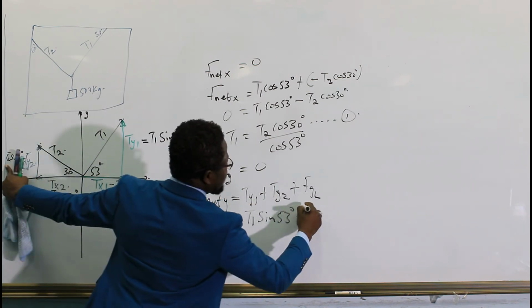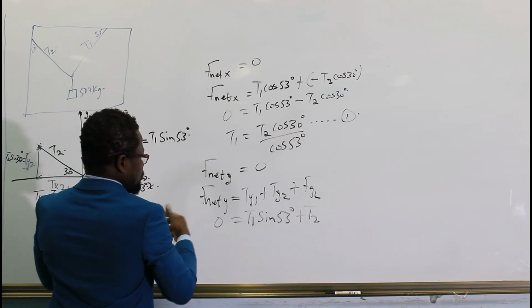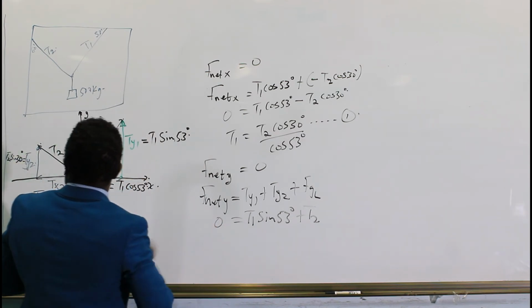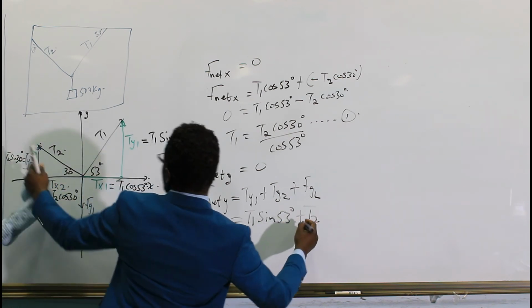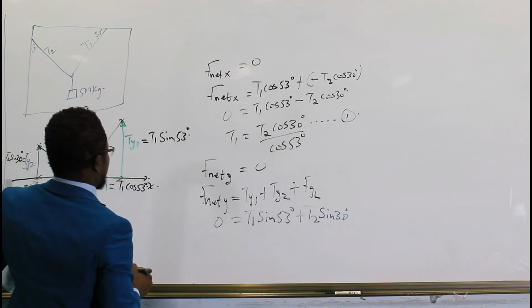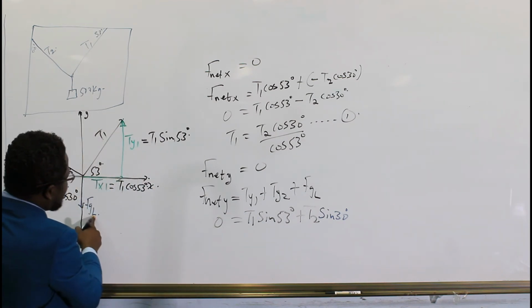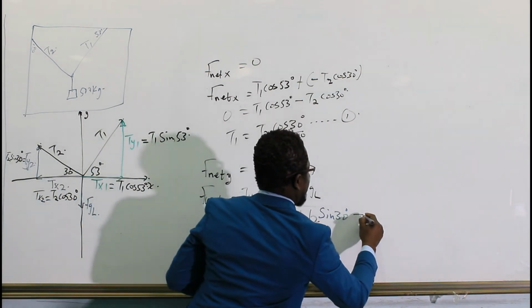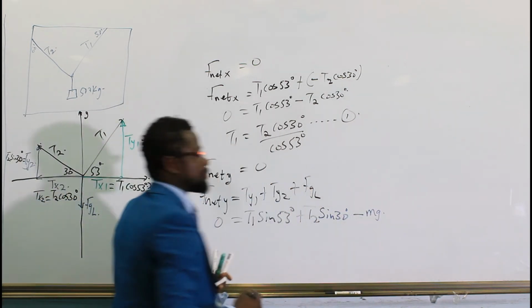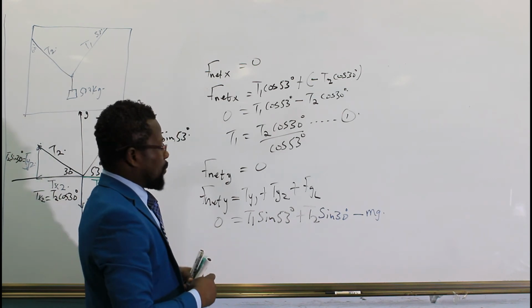Ty2 is giving us T2, so that is T2 sine 30 degrees. And what is our FGL? Our FGL will now become negative mg. And that has given us the expression that we are looking for.